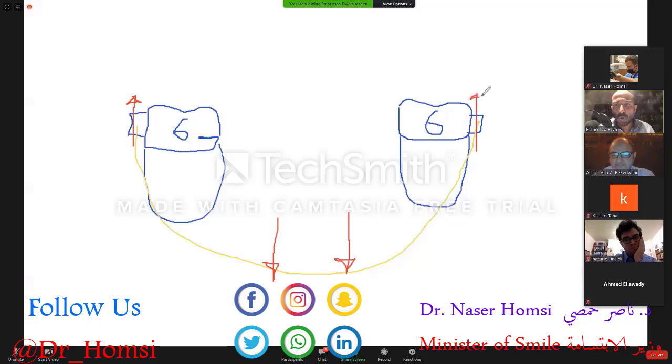So the molars will be loaded with an extrusive force acting buccal regarding the center of resistance, and it will lead the molar to extrude but also to lingualize, because of the fact that the forces are applied buccal to the center of resistance of the lower incisor.